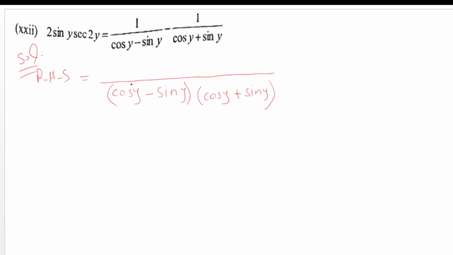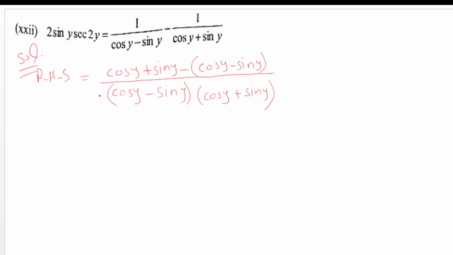So sine y will cancel out, negative of negative, so positive will come, cos y plus sine y, and in between negative, then they will put the bracket here. So positive will cancel, and then the negative bracket cos y minus sine y will come over here.